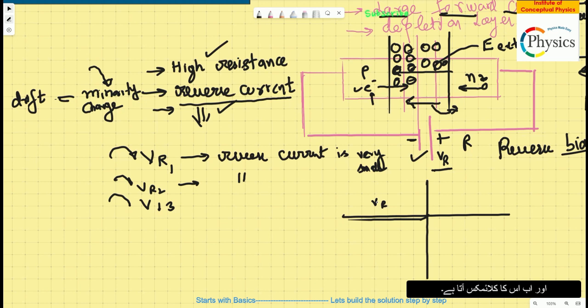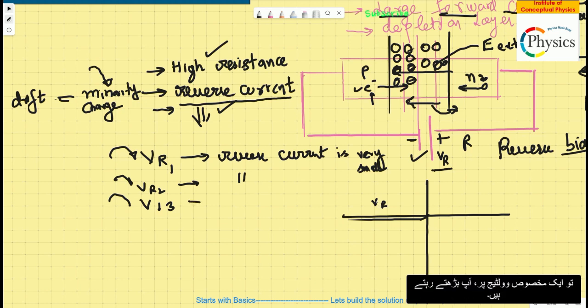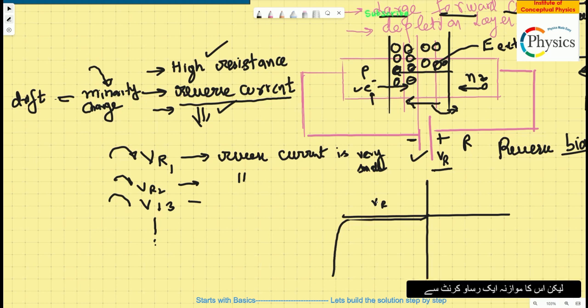And now comes the climax of this. So at a certain voltage, you keep on increasing, at a certain voltage, you will see that there is a sudden increase in the reverse current. Okay, and we are not talking about a big current. It's a very small current, but compare this to a leakage current, which is like this much, right? It's so small.